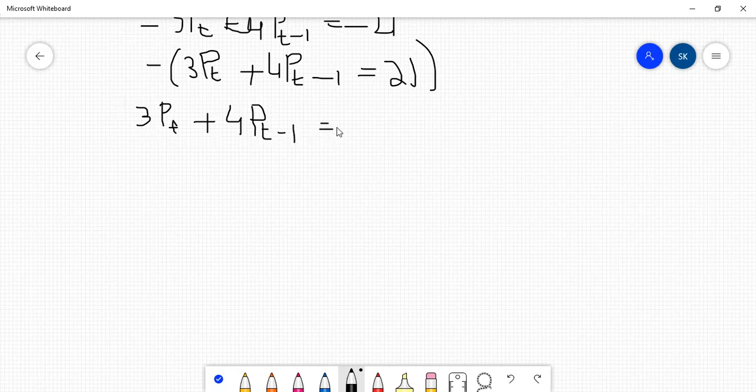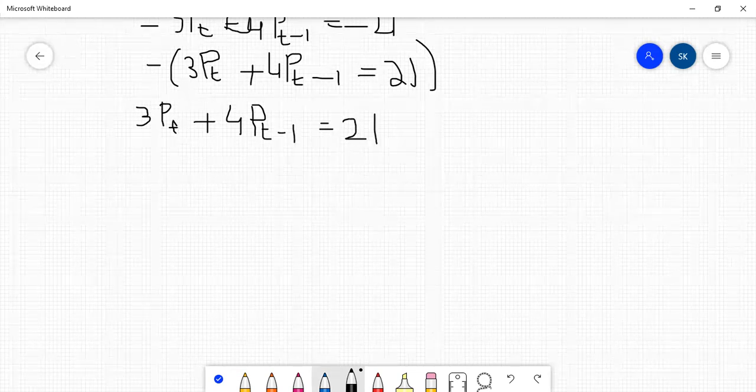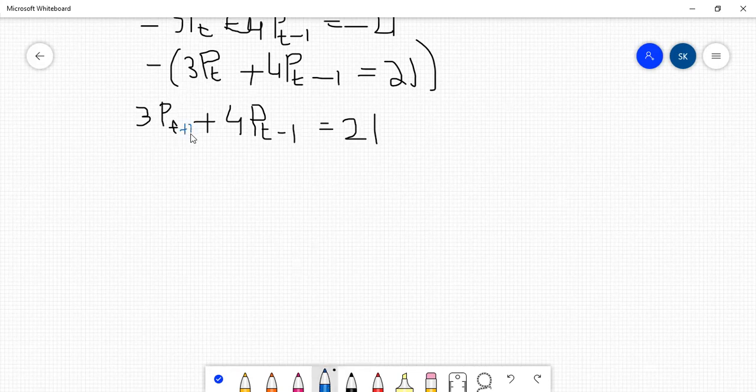By adding it, we will get 3pt plus 1, and this will become 4pt minus 1 plus 1. This minus 1 and plus 1 will be cancelled out with each other.